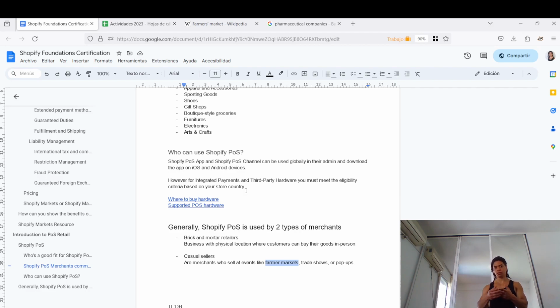So apparel, shoes, art and craft, electronic devices, furniture, boutique style groceries, sporting goods, gift cards.